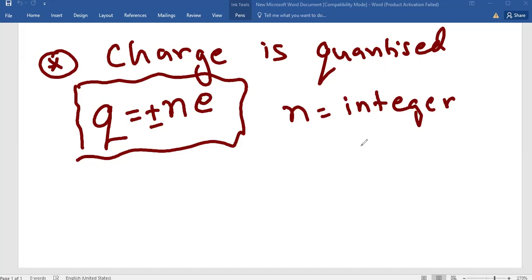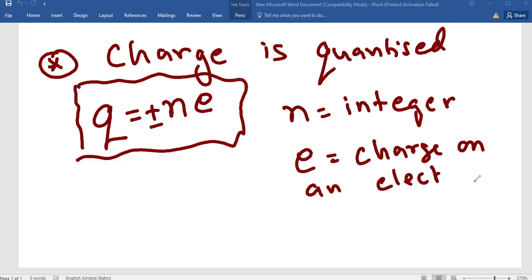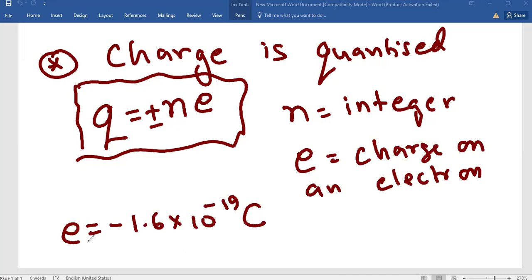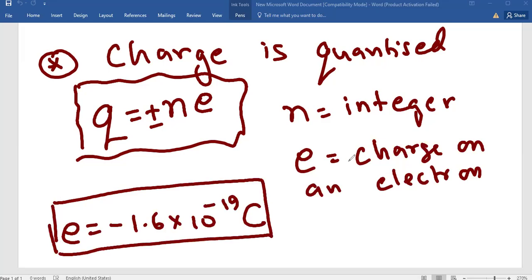Here N refers to integer and E refers to charge on an electron, whose value is negative 1.6 times 10 to the power negative 19 coulomb. This is the electronic charge. It is the minimum possible charge right now, till now, as per our study.